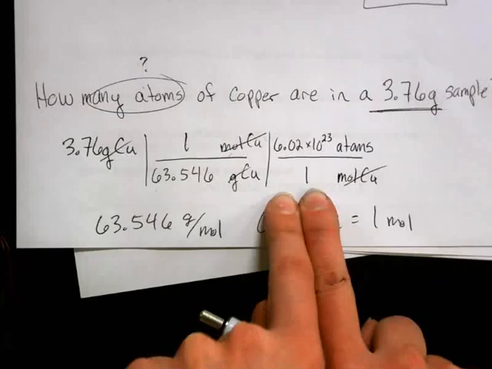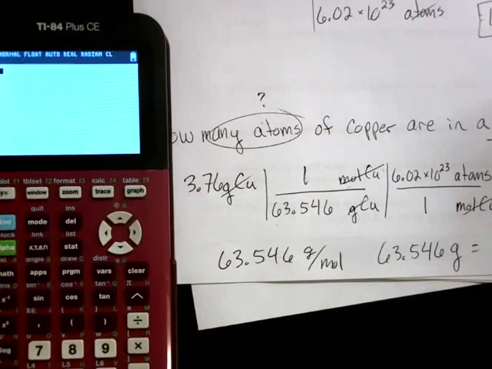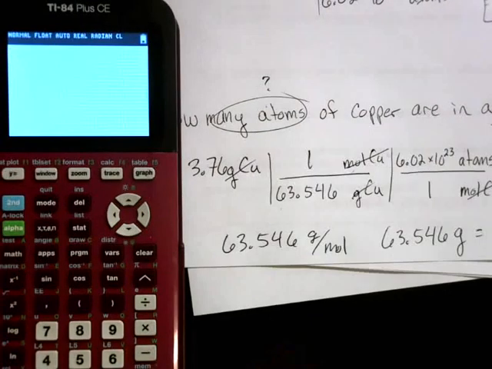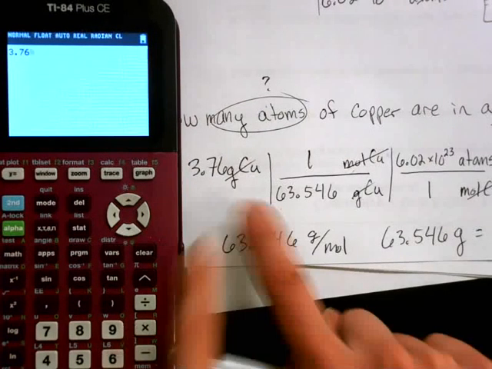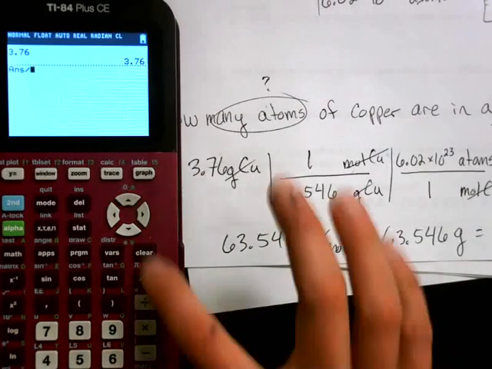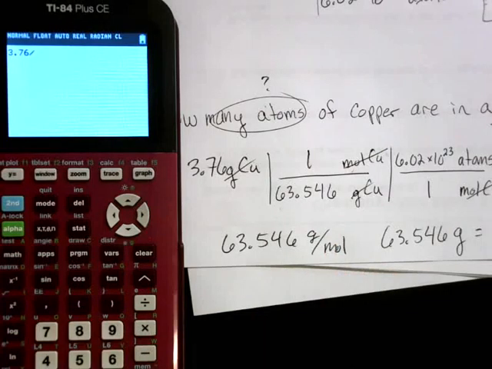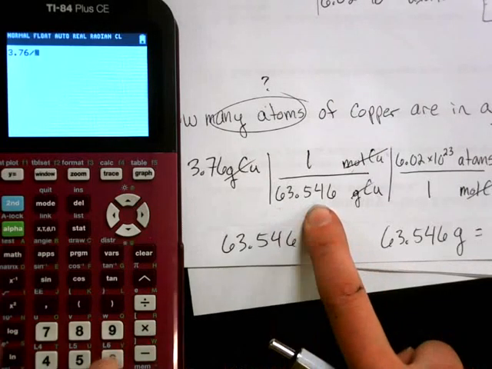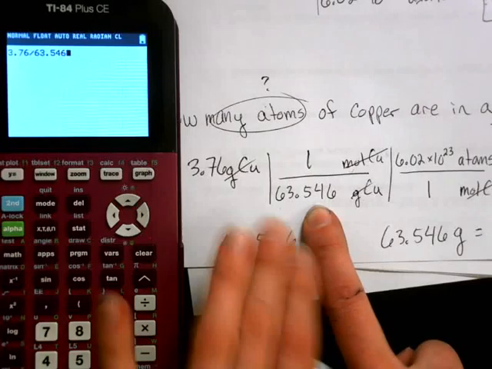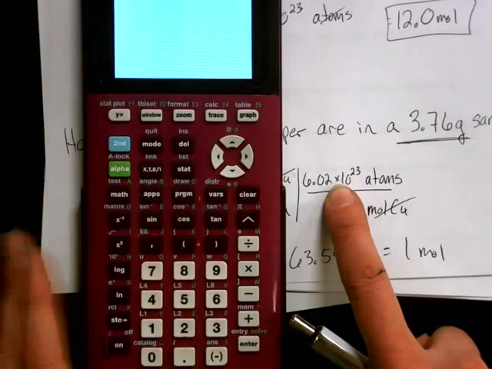And then I could include this 1 and divide by 1, but anything divided by 1 is going to be itself. So let's plug that in to my calculator. Got my 3.76. I'm going to start there first. Then divided by my molar mass down here, my 63.546. Then it jumps back up here to the top.